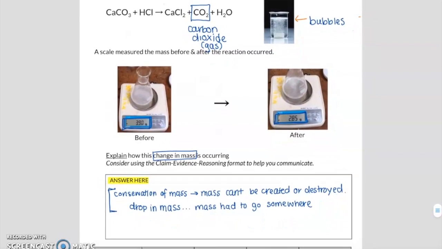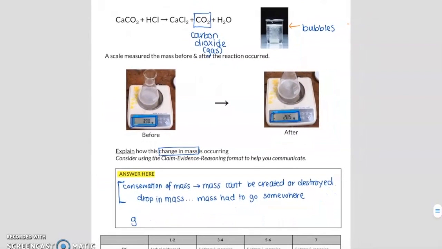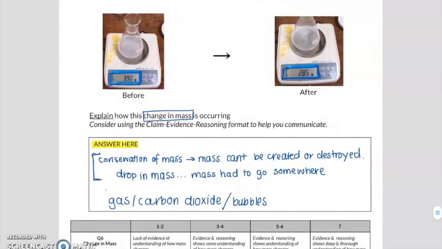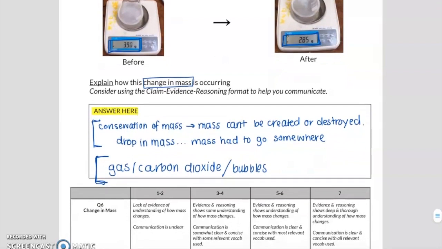So discussing that the carbon dioxide, the gas of carbon dioxide, was part of the products, or pointing out that there were bubbles that you could see or observe in the reaction, that's going to be the other key piece here. So if you mentioned conservation of mass or a gas being released, that would be a 3-4.